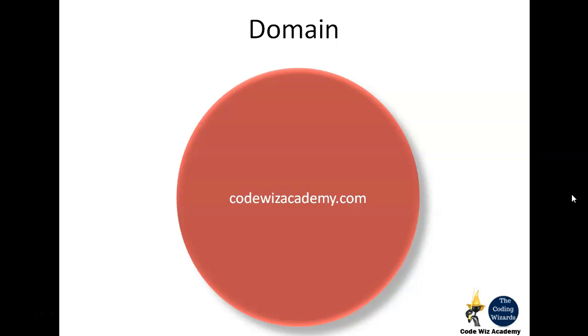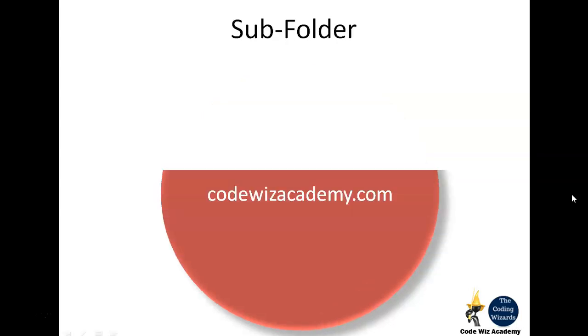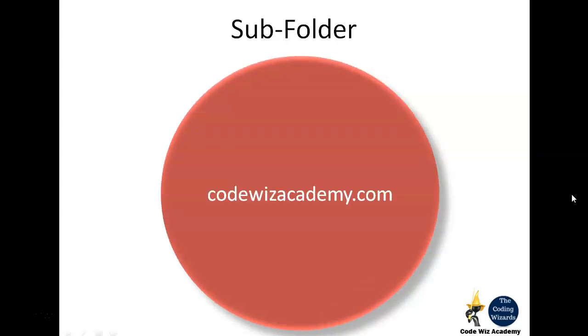You will find a folder by the name of the website. This folder can contain a subfolder within it. This could be a blog, a tutorial, or any other kind of subfolder that you would need.